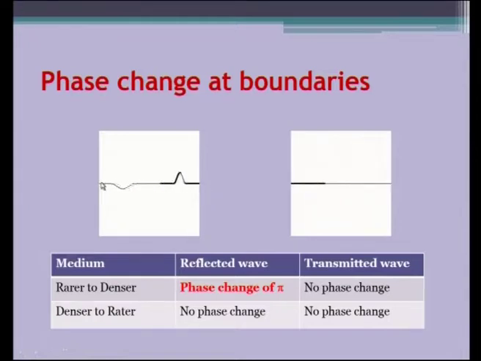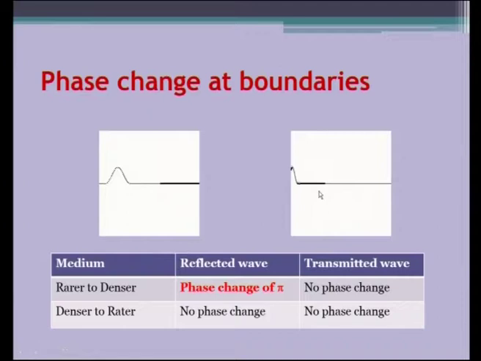When a pulse is allowed to travel at the boundary of the two strings, there is a reflection happening and also there is a transmission happening. The transmission is having the same crest, it is not getting modified, but look at the reflected wave, the crest becomes a trough.